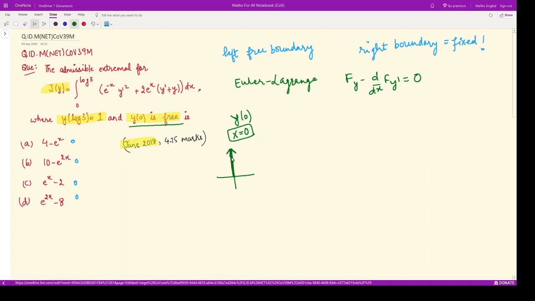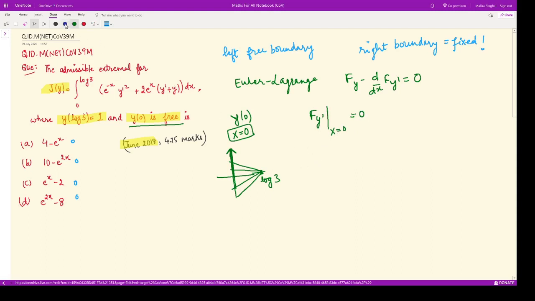So we can say that our extremal could move, say this is log of 3, and the extremal could have any values like this. In this case, the extra condition required would be f y dash at the left boundary, at the point x is equal to 0, is 0.